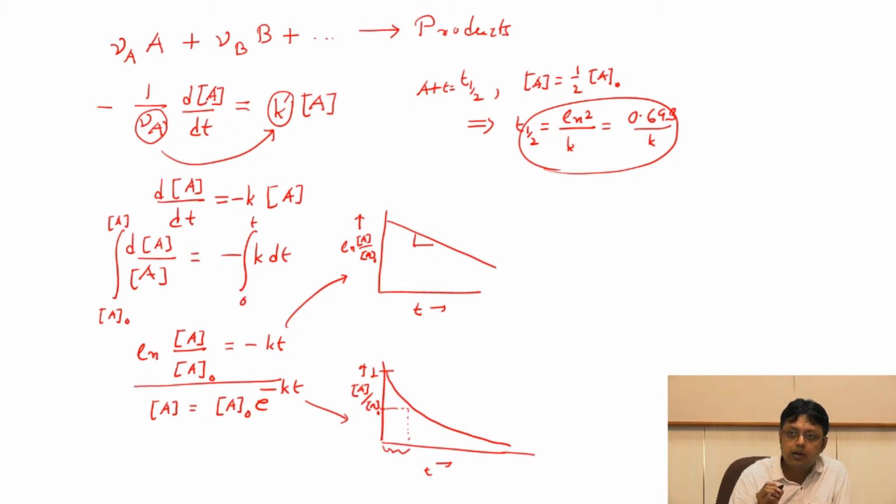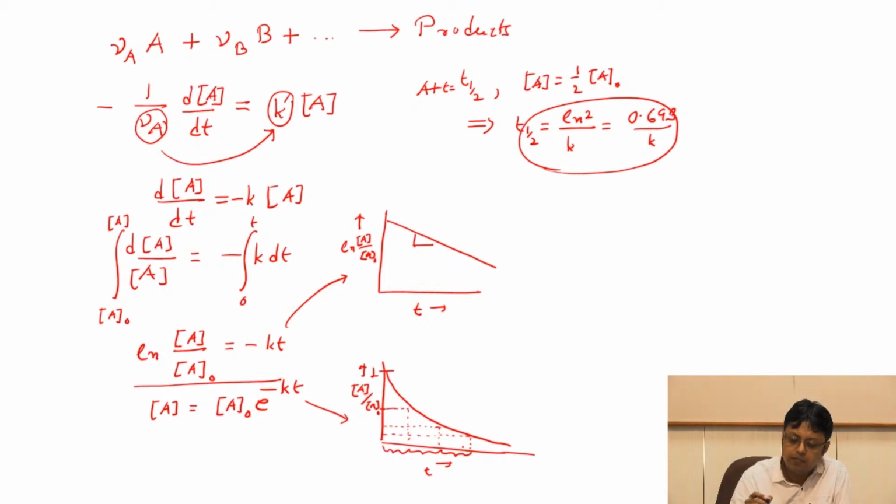Now suppose you start with 0.5 as your initial concentration on this scale, and you ask at what time it goes to 0.25. You will find that time is also the same t half. Or if you start with 0.25 and ask at what time it goes to 0.125, you will find that is also the same time. So the t half is independent of the initial concentration.